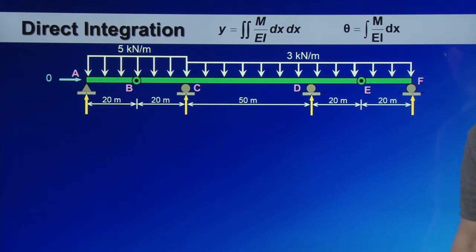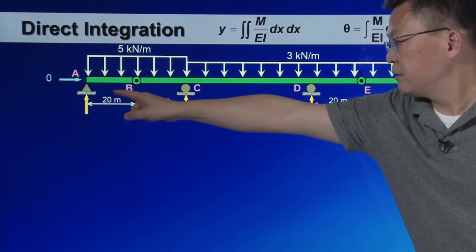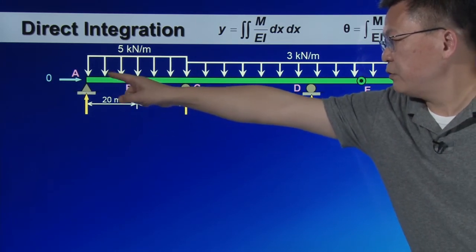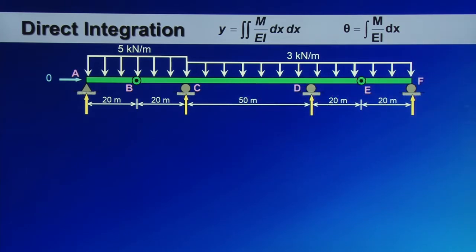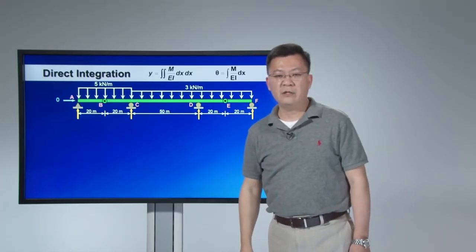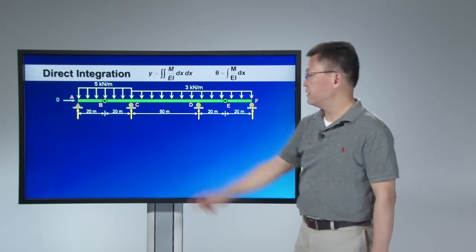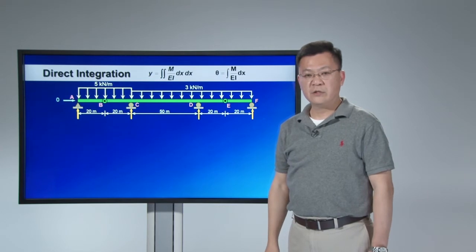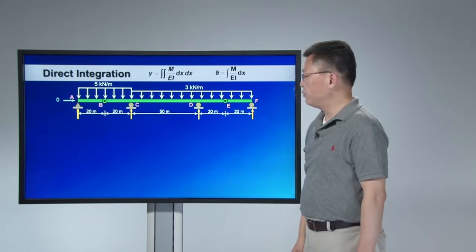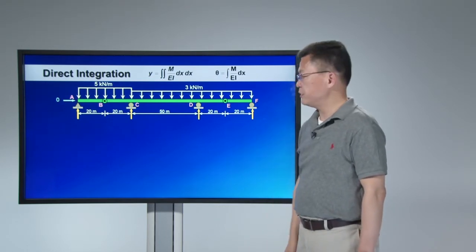There are a total of 5 reaction forces: 1 vertical and 2 horizontal at the hinge, and then vertical, vertical, vertical. So there are 3 equilibrium equations you can use, plus the 2 internal hinges, to solve this structure. So equilibrium can help you solve the structure.